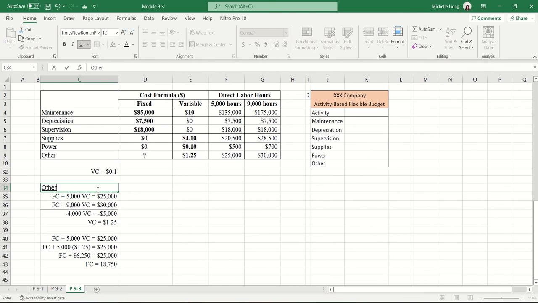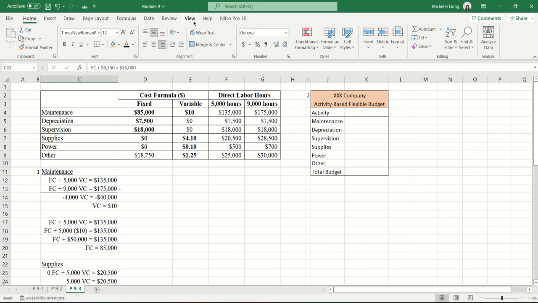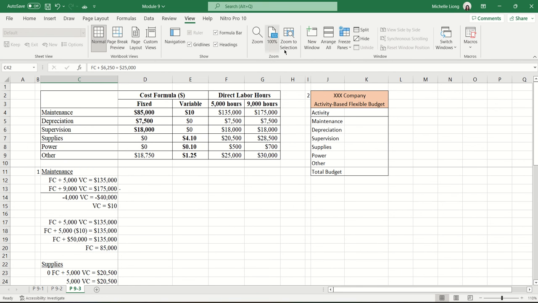Okay, so the amount is $18,750. Let me recheck it once more. So this one is this one. We put it in 5,000 times 1.25, we get 6,250. And to find the fixed cost, it's 25,000 minus 6,250. Okay, and we're done with number one for this problem.